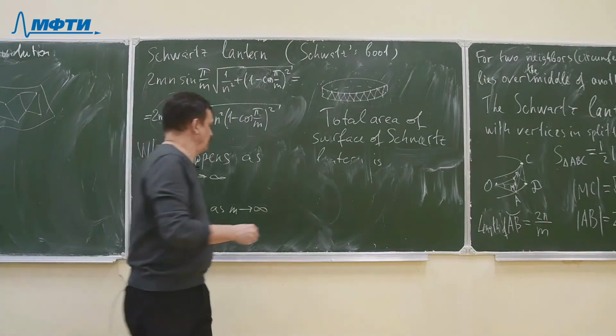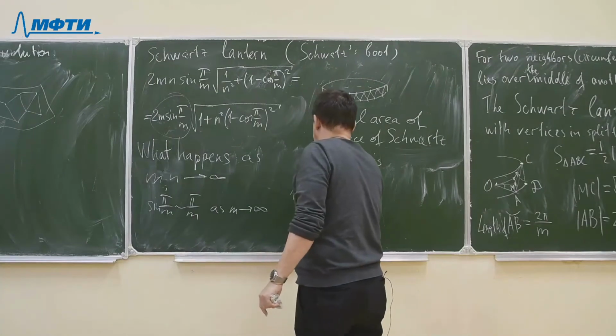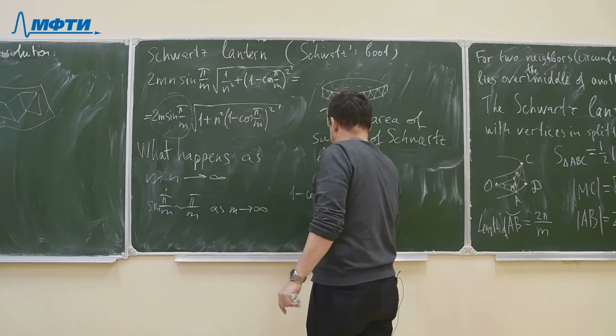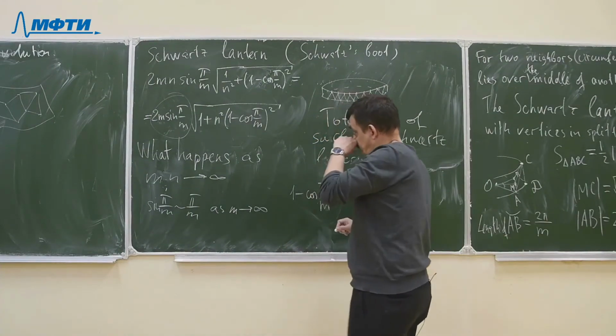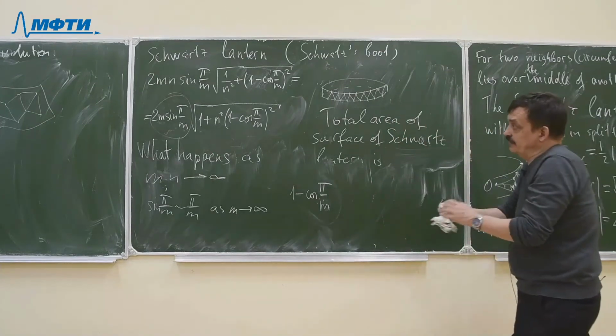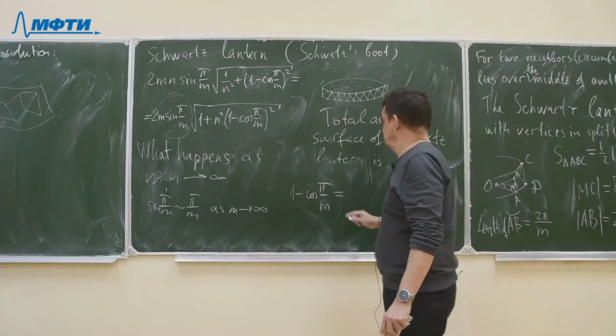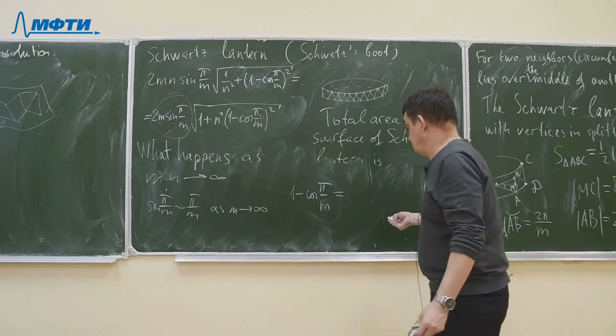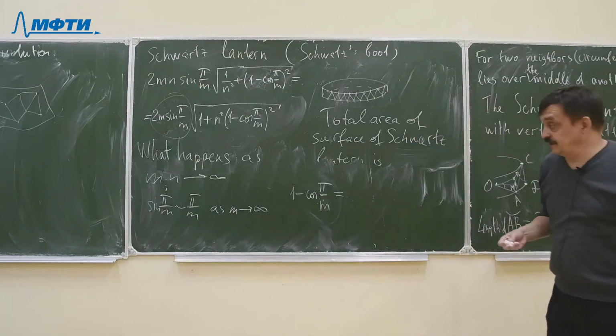But now what happens with that one? Look, 1 minus cosine pi over m, as we know, we may compute it by Taylor formula, right?